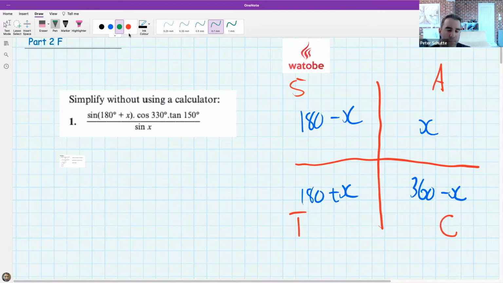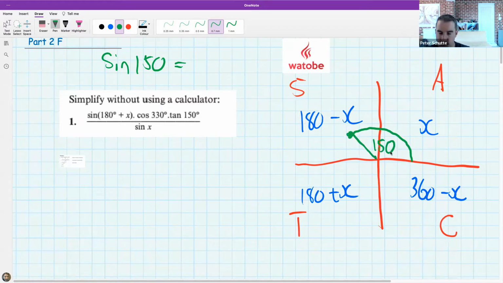So as an example of this, imagine I want to simplify the sine of 150. To visualize the angle of 150, the angle could look something like that, right? In order to reduce the expression, the sine of 150, because 150 is an angle greater than 90, we say, how far is it from the nearest horizontal?